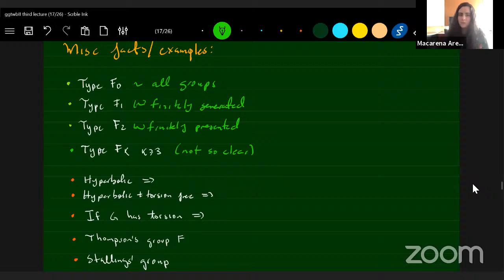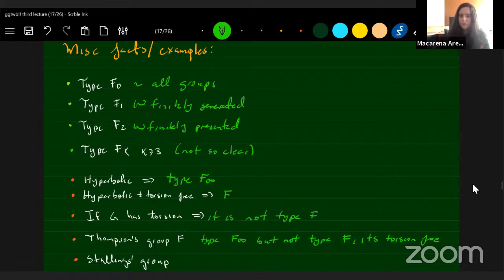And what are some examples? Hyperbolic groups are type F infinity. And when they are torsion free, they are also type F. If a group has torsion, it is not type F. Thompson's group F, which we have mentioned a few times in different lectures, is type F infinity, but not type F, and it's torsion free.